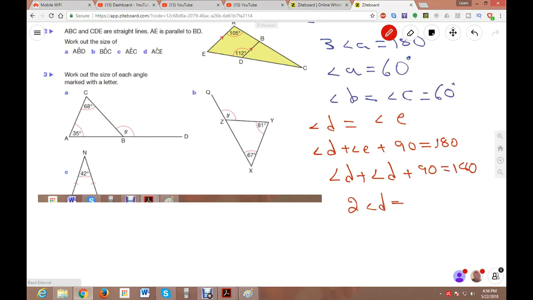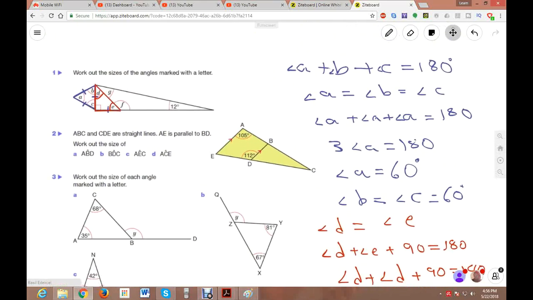So 180 minus 90 gives you 90. So I'm writing it directly. Okay. So angle D is 45, and so angle E.